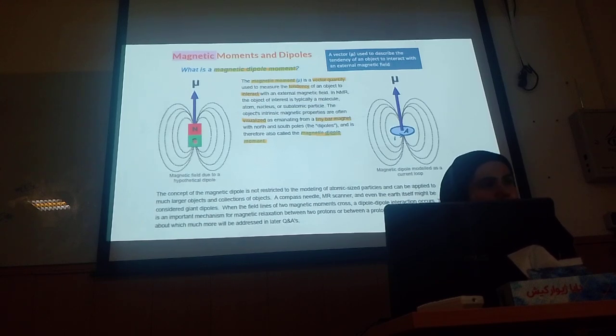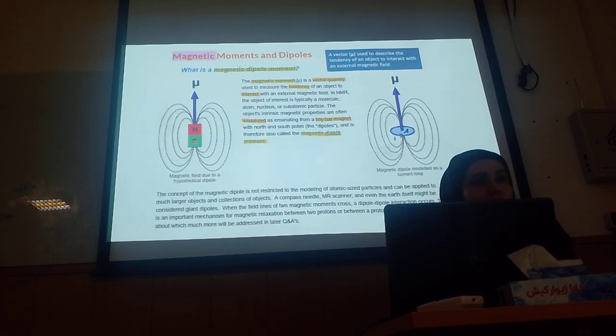Which type of atom has this magnetic spin, magnetic momentum, except hydrogen? Other atoms also have this magnetic spin. No, I only told you that some nuclei having spin show a magnetic field around themselves.